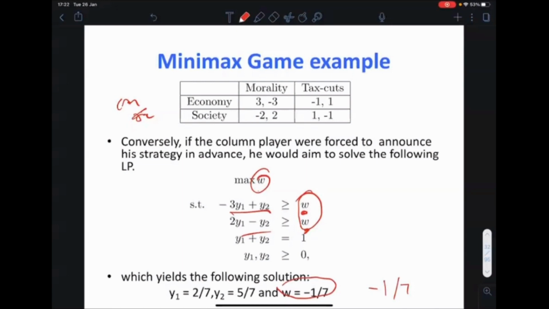So this is basically the value of the game, from different perspectives. So they are consistent.